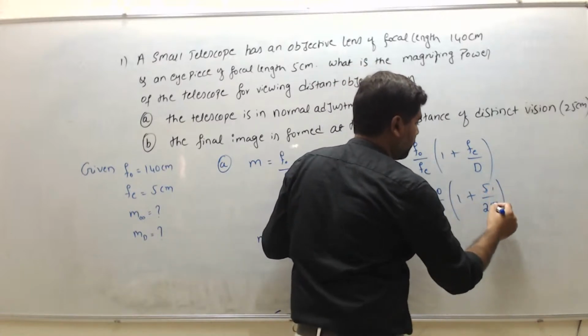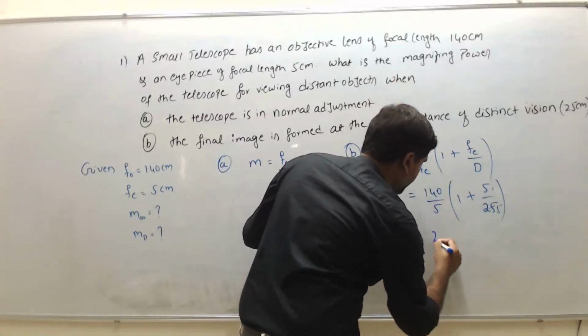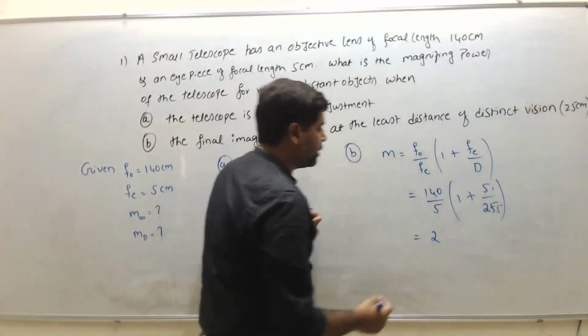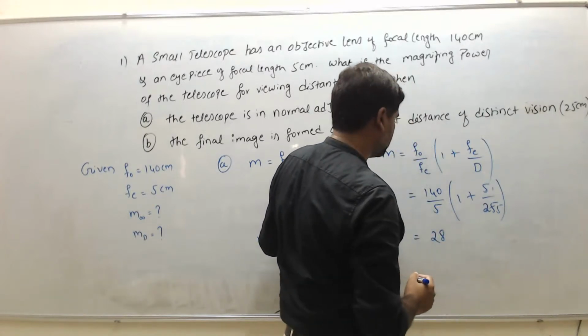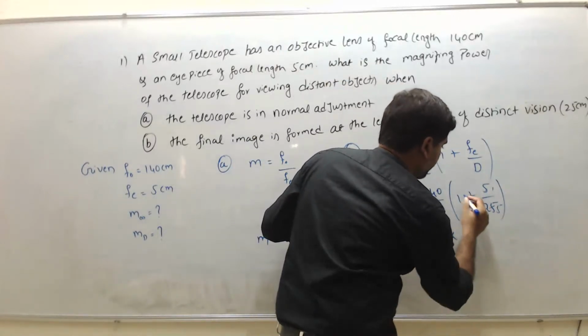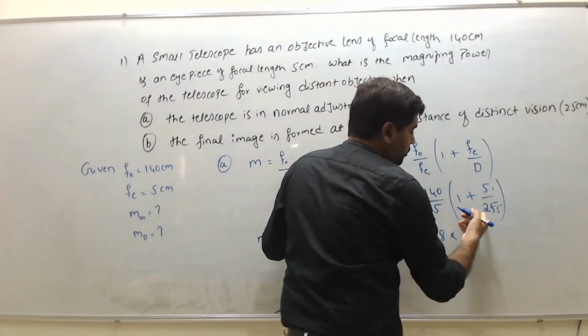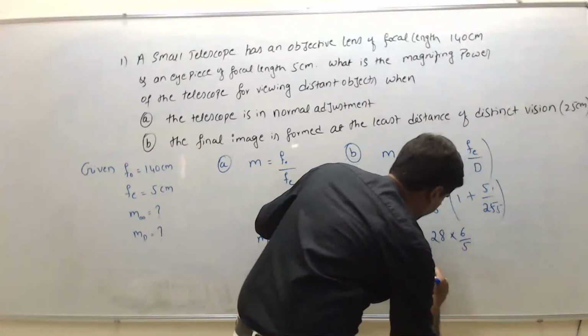So it becomes 28 into, here LCM becomes 5, 5 plus 1 is 6, 6 divided by 5.